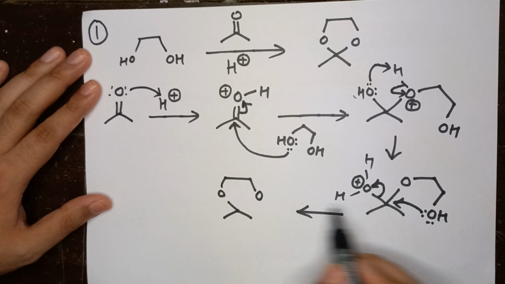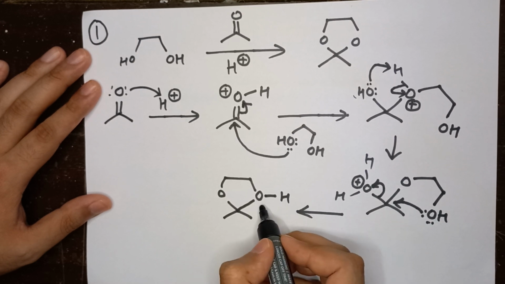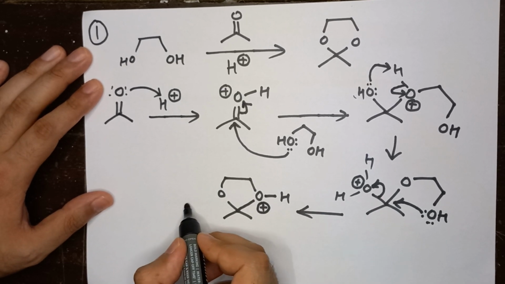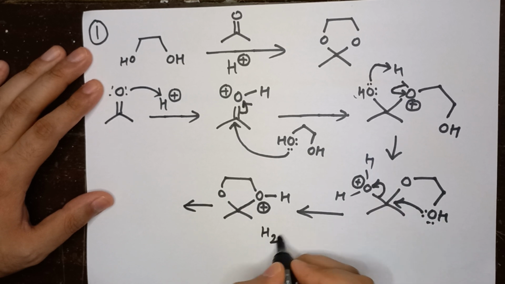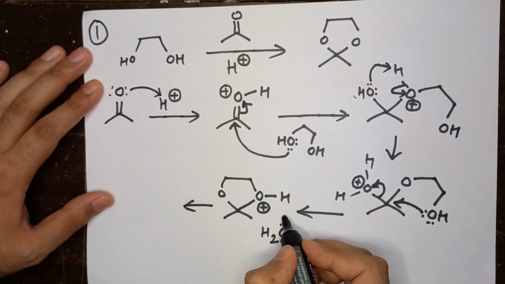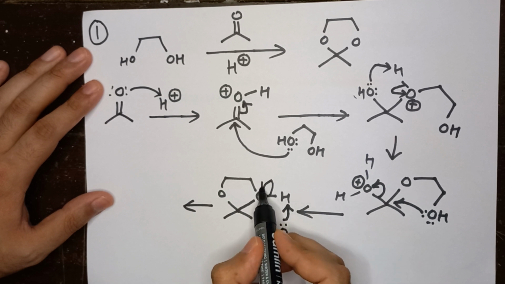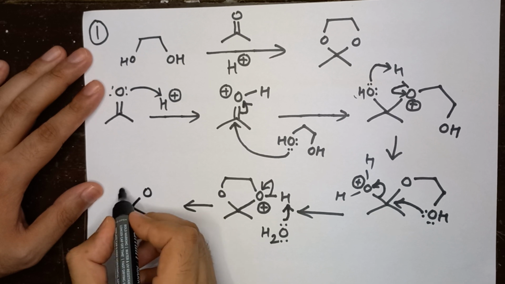This O is now bonded with this carbon, and this oxygen also has a hydrogen with positive charge. We just removed water, and water can act as an acid and a base. So this water is acting as a base here, will grab this proton, will neutralize the oxygen, and this is how you have formed the main product.